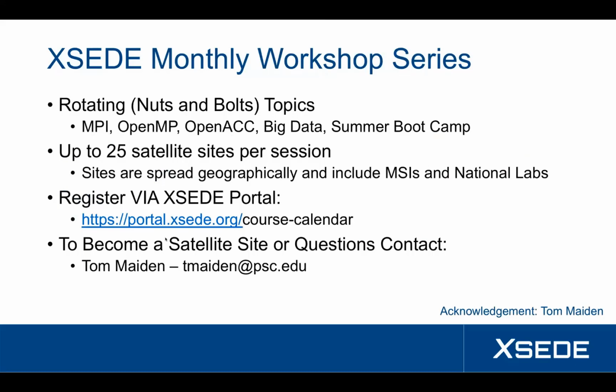They run a monthly workshop series that is multicast. They present the materials live to a local audience, but at the same time, that lecture is broadcast to about 25 sites each month that are moderated and run by someone locally.